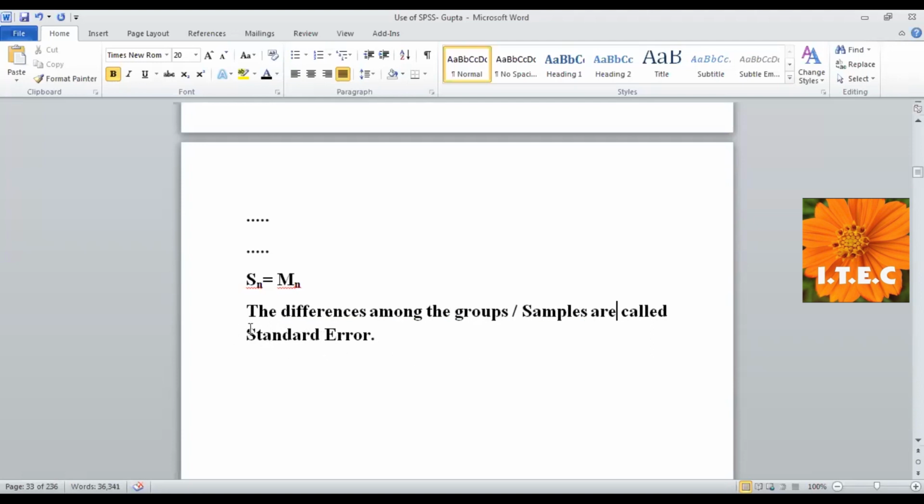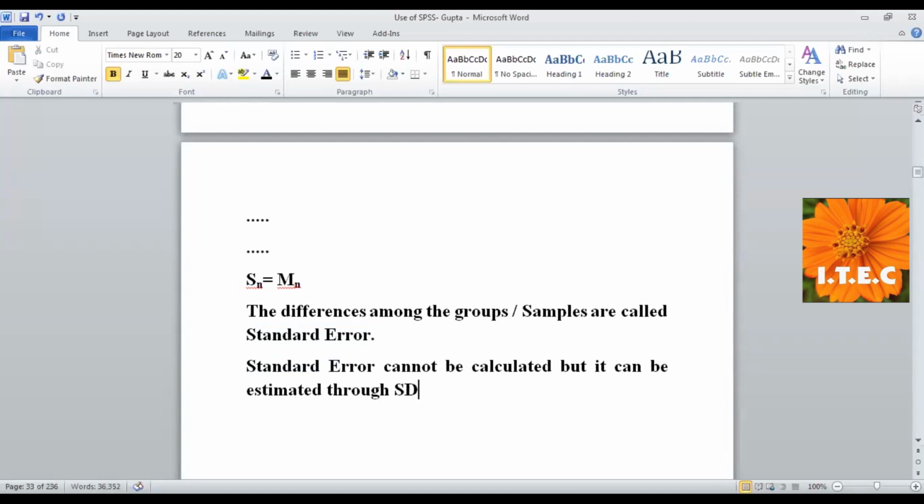So standard error cannot be calculated, but it can be estimated through standard deviation.